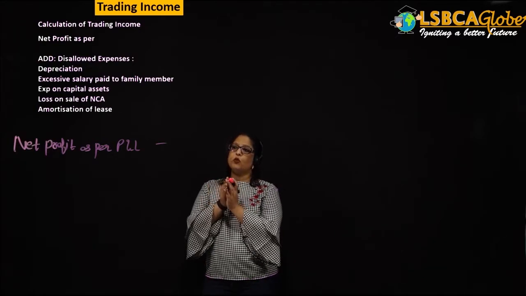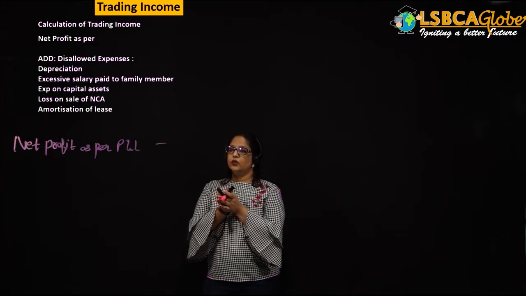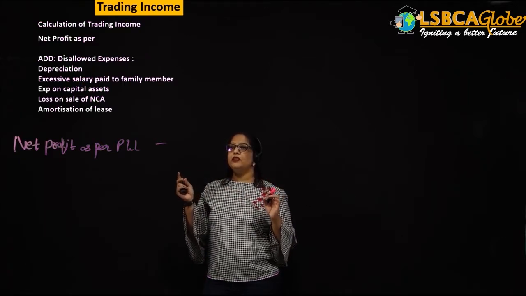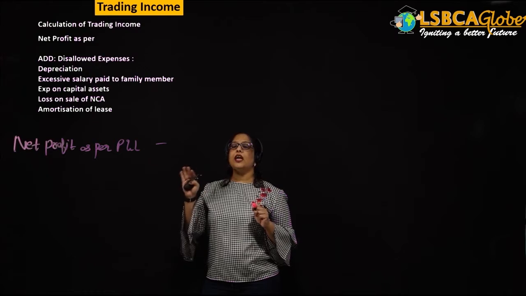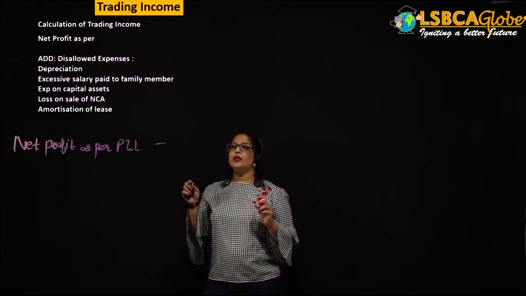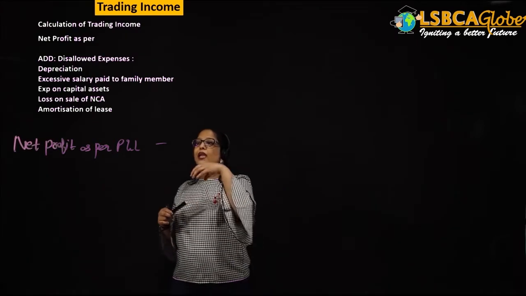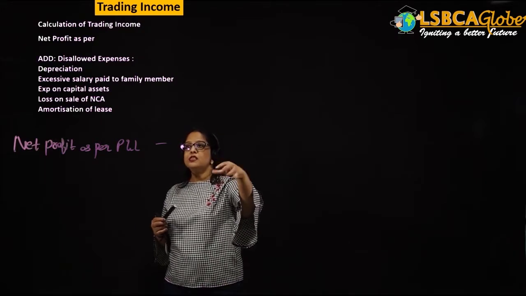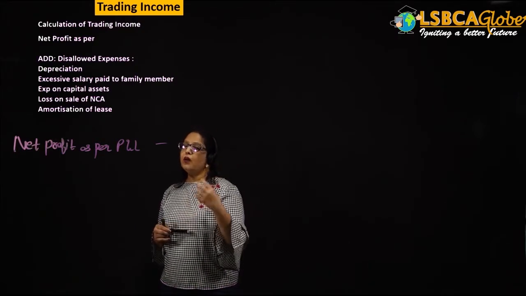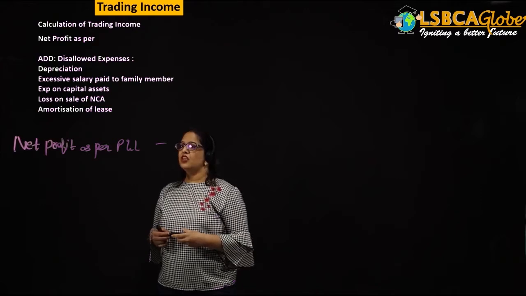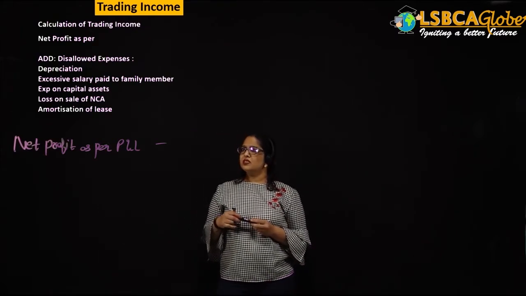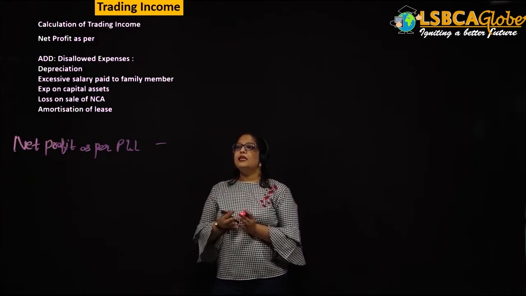Now class, the net profit is already calculated and given to you. But the net profit given is not the right one. You have to arrive at the right one. So you will add back those expenses which are not allowed. Now class, look at depreciation. You will say, depreciation? Seriously? Yes.